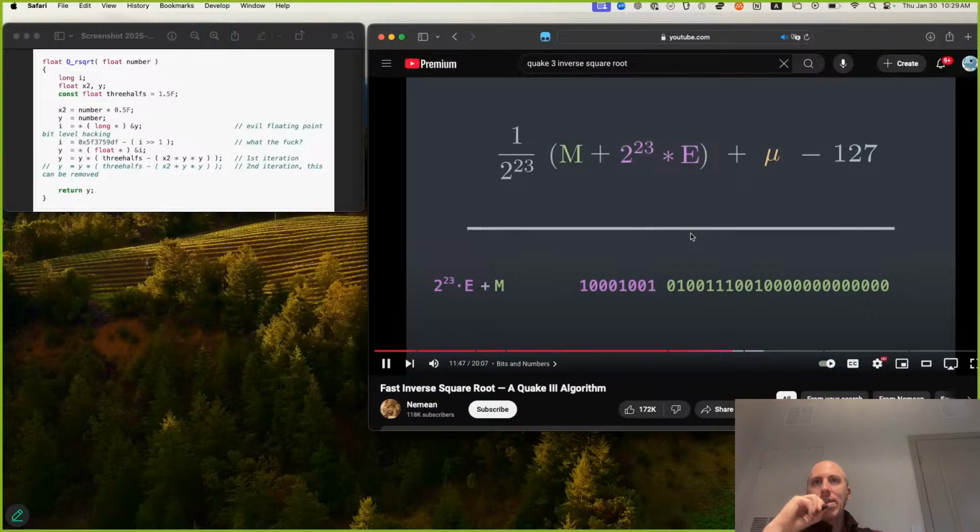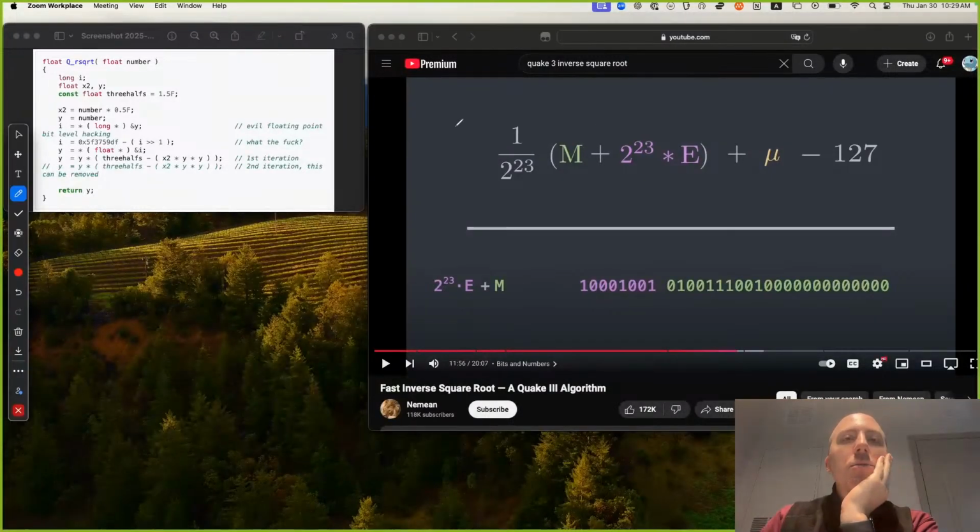So let's think about what we just did. We applied the logarithm to our formula and got the bit representation, just scaled and shifted by some constants. So we started off with y, and this is the float of y right here.